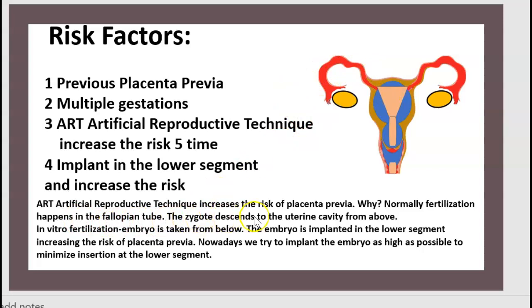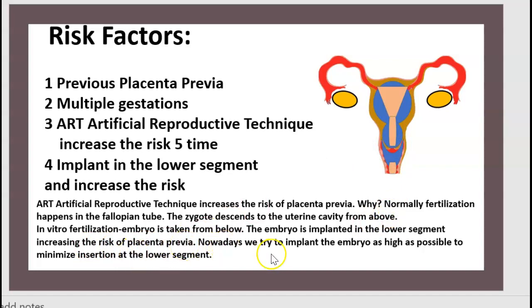The zygote descends to the uterine cavity from above. In vitro fertilization, the embryo is taken from below. The embryo is implanted in the low segment. This increases the risk of placenta previa.